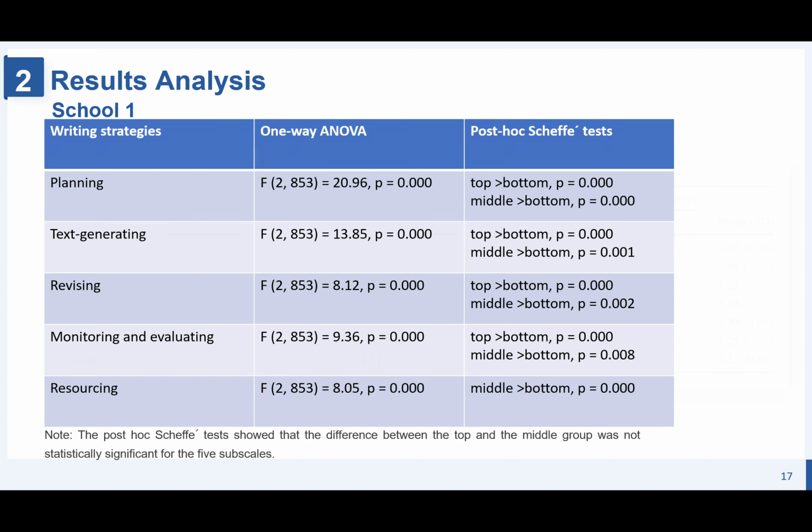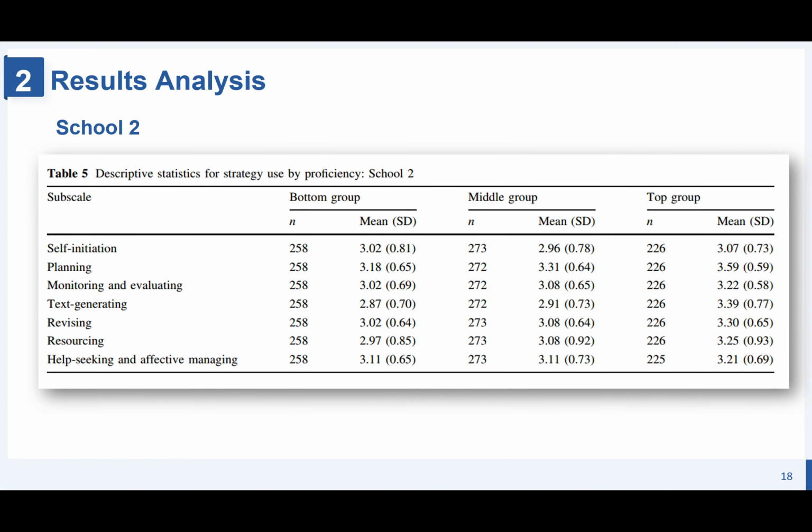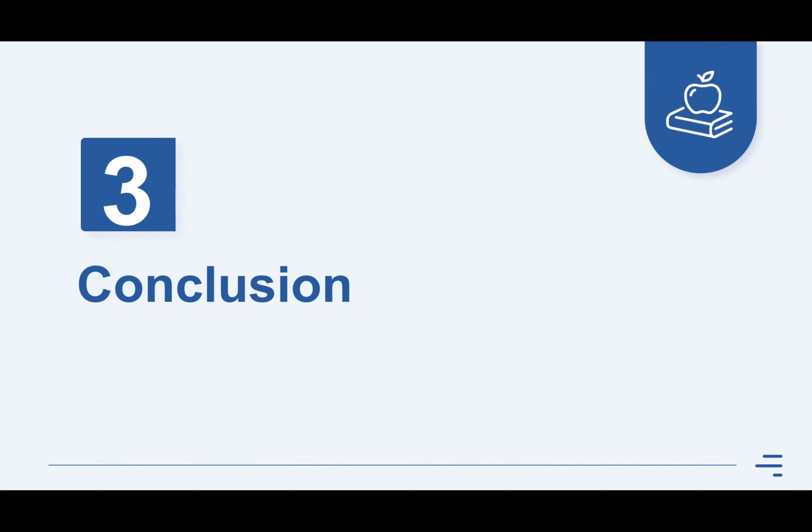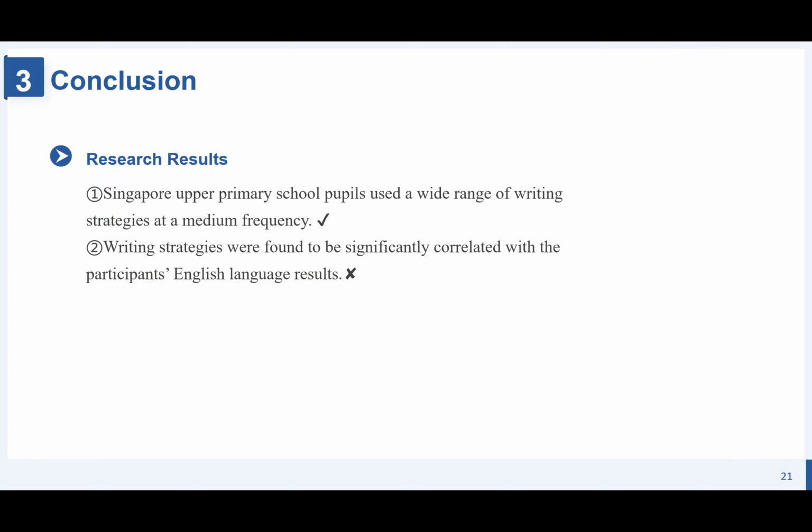For analysis of results of school 2, actually it has the same limitation as the results analysis of school 1, so I will not repeat that again. You can pause to see the charts. So in conclusion, we can only have a clear understanding of result 1 I presented here.